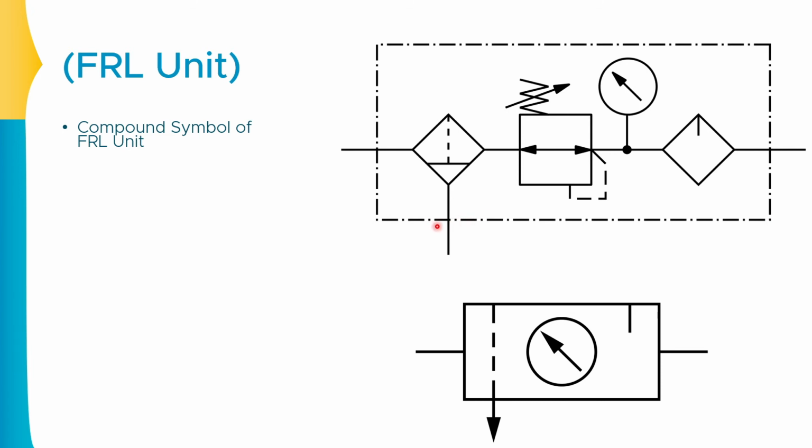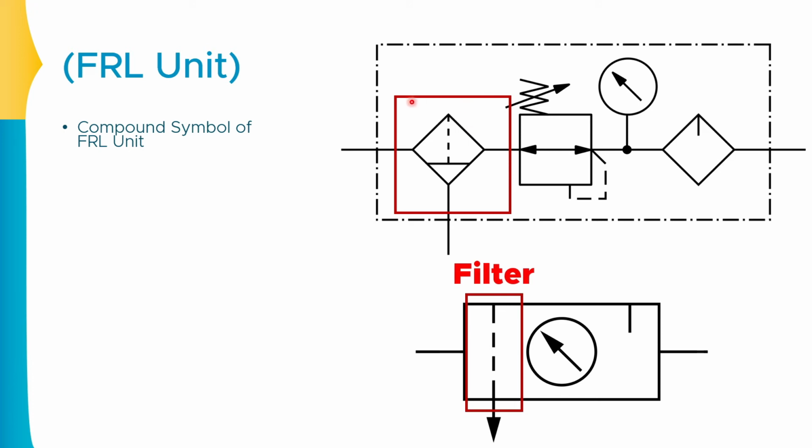So let us understand them one by one. This is a detailed representation and this is a miniature representation or say simplified symbolic representation. Both are correct and both are accurate. So over here, if you observe, the very first set of symbols represents the filtration unit.